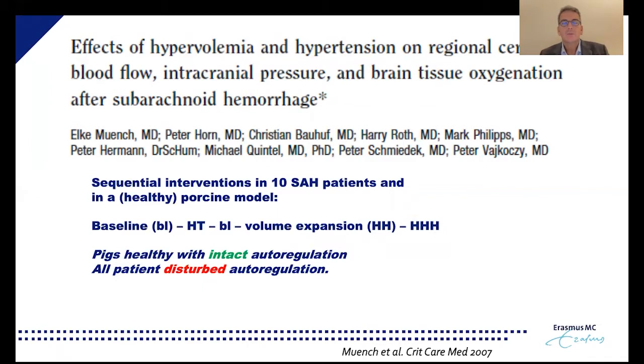To go a little bit further, in a study I discussed in my previous talk, the study by Elke Muench and others, they tried to differentiate the effects of induced hypertension from volume loading, or hypervolemia hemodilution therapy. They did sequential interventions in 10 SAH patients and in a healthy porcine model.